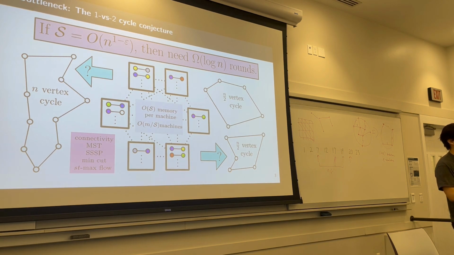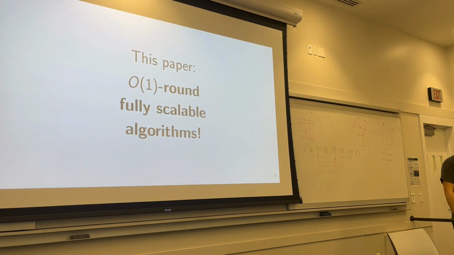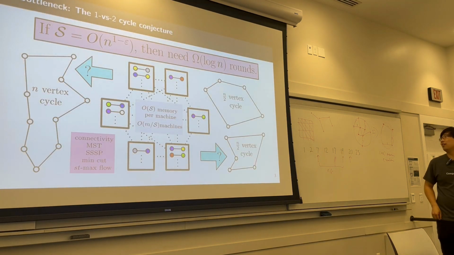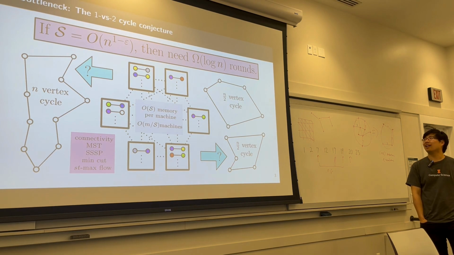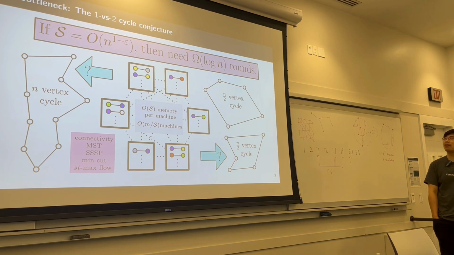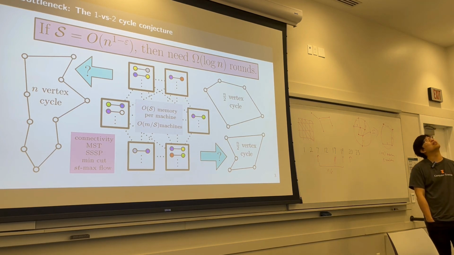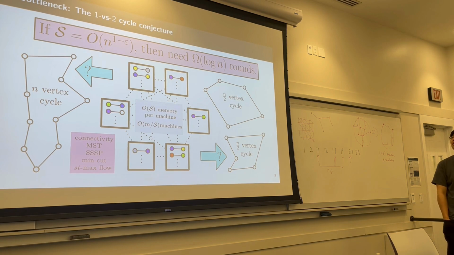Final question I had was, what about Steiner tree? What is known to compute a minimum cost Steiner tree? I don't know. In the general MPC model and general graphs, this might have been looked at, I'm not sure.